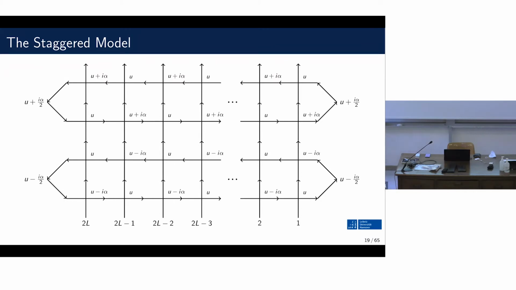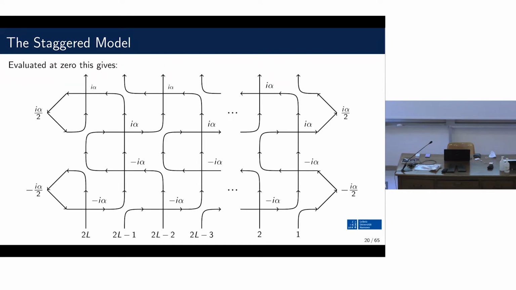To have a local Hamiltonian, we would like this object to be proportional to the identity operator. This is easily checked when you note that the R matrix at 0 is a permutation operator, since then the arrows go like that. Then you have the unitarity condition, and you can pull this line there, and this line there.